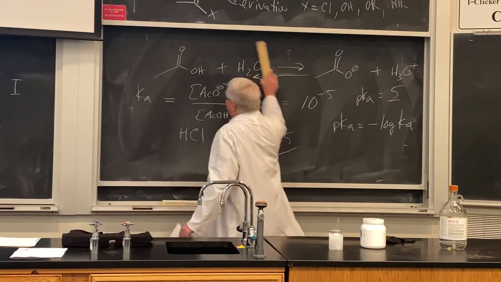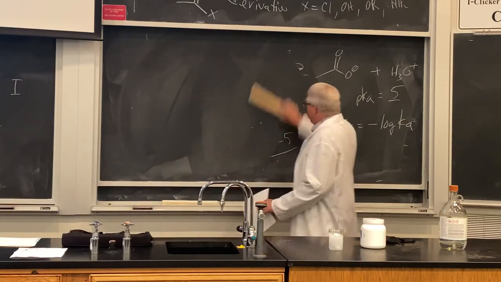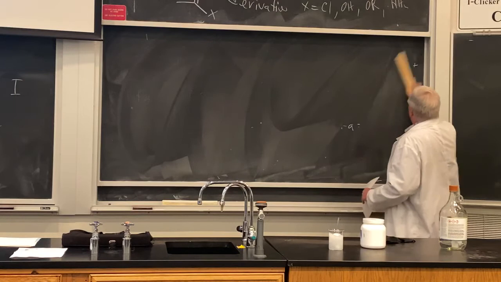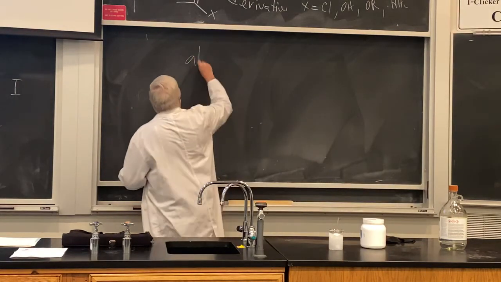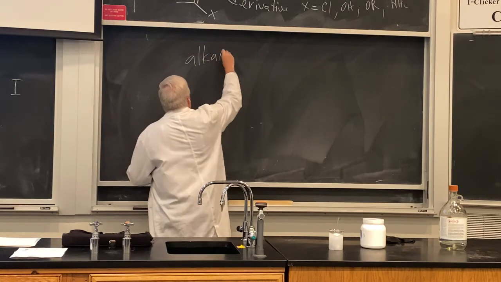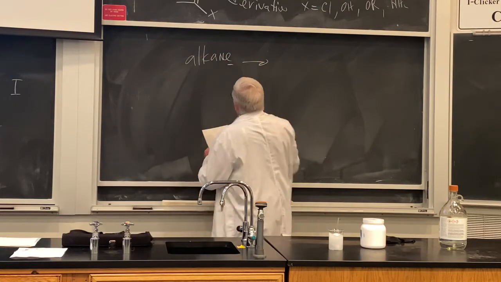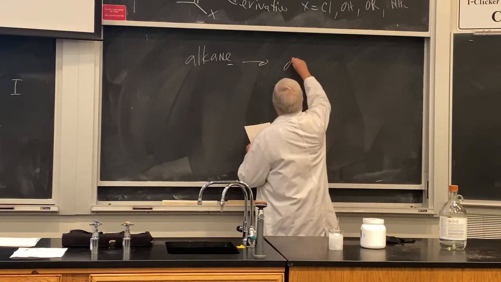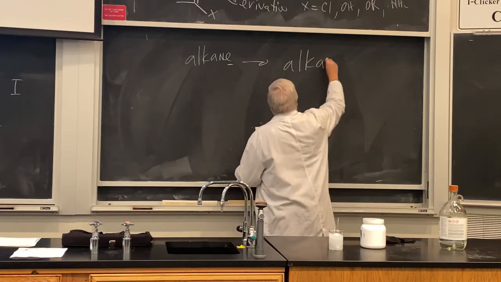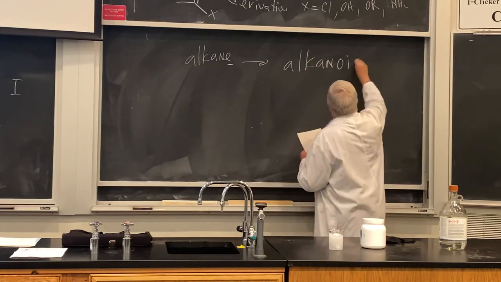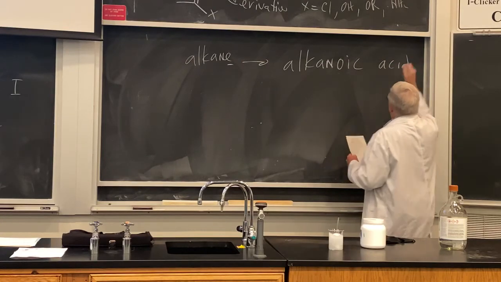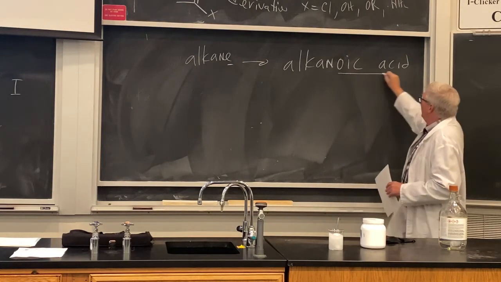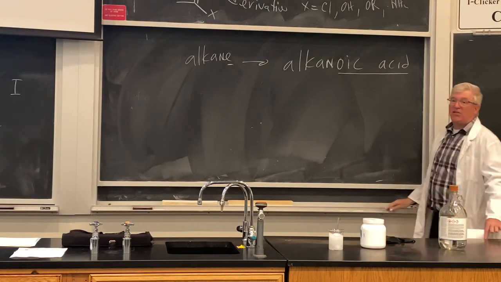What I'd like to do now is nomenclature, just a little bit on nomenclature. I'm not going to make a big deal here. The parent is alkane. We take off the E and go to alkanoic, add OIC, space, and then acid. That's the new suffix to the name.